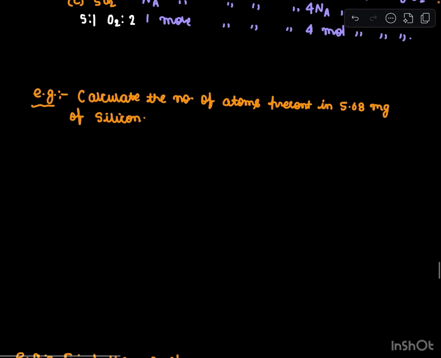Now let's go to another question: calculate the number of atoms present in 5.68 milligram of silicon. We have to find the number of atoms. At first, from mass, go to the number of moles.